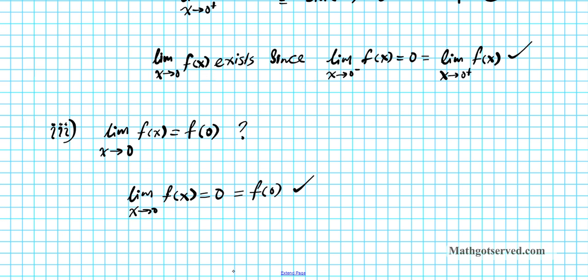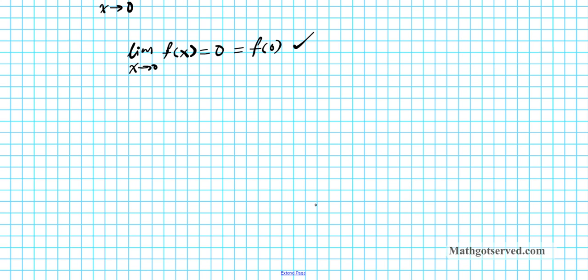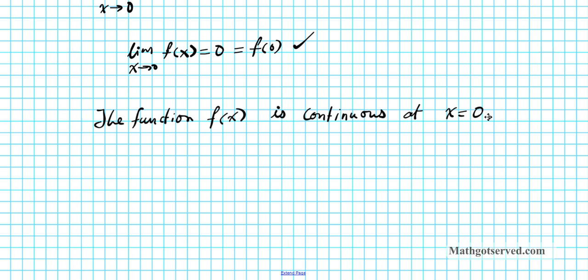So it passes test number 3. Okay? So since it passes all 3 tests, we can conclude that the function f of x is continuous at x equals the a value, which is 0. Okay, so that's that.